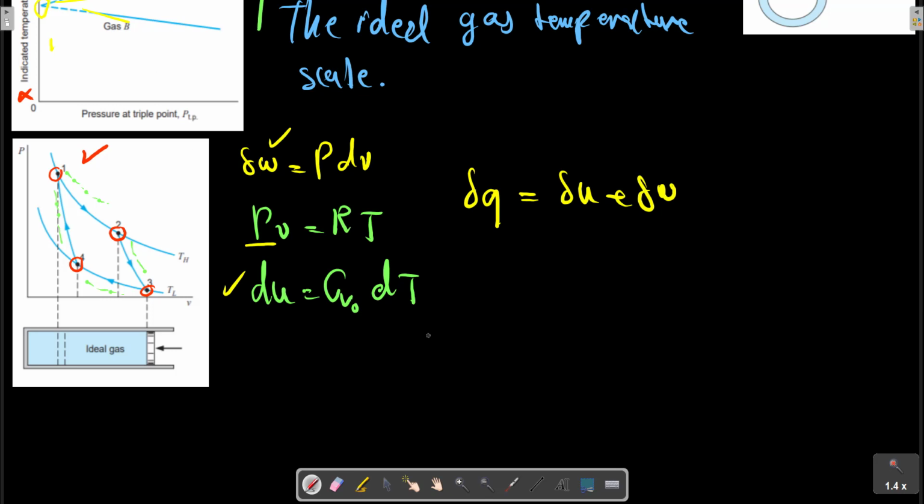We can conclude that delta Q = C_V0 dT + RT/V dV.